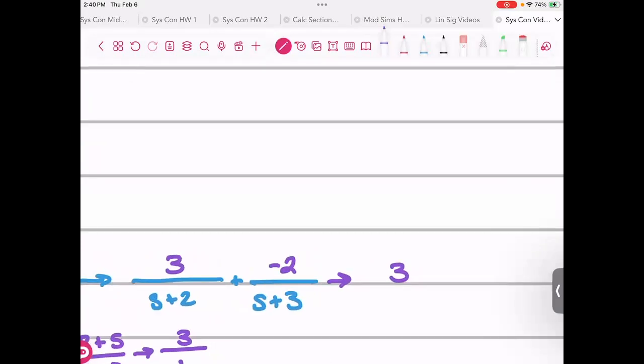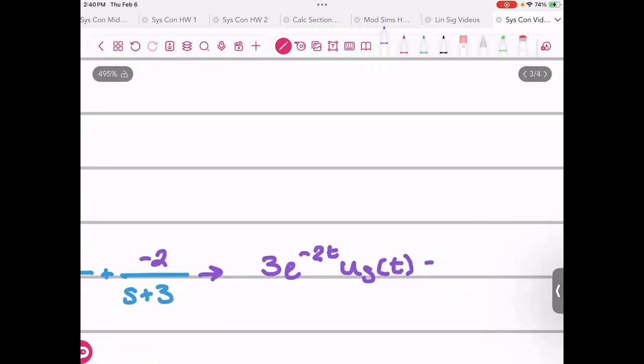In this case, our a is -2 because s minus -2 is the same thing as s plus 2. So we're going to have e^(-2t) u(t), and then we're going to repeat the process for the next one, -2, because that's our constant that we're multiplying by. E in this case, ^(-3t) u(t).